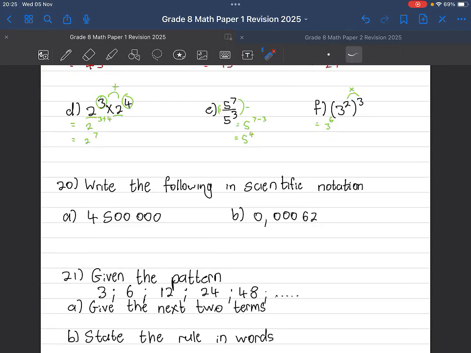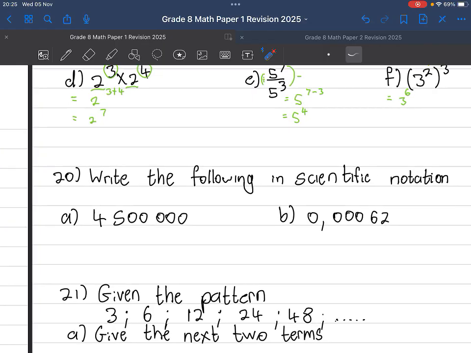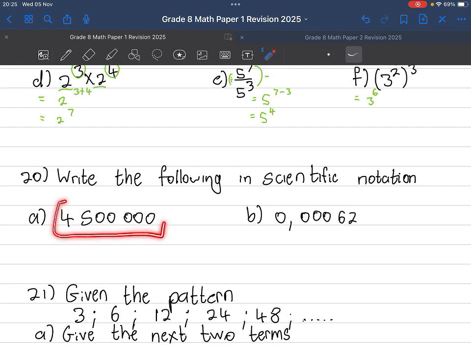Let's write the following numbers in scientific notation. The first one is this number here, 4,500,000, and we want to write this in scientific notation. The way we do this is first we identify where our comma is. Our comma is over here. We want to take this comma and put it in the most relevant place.